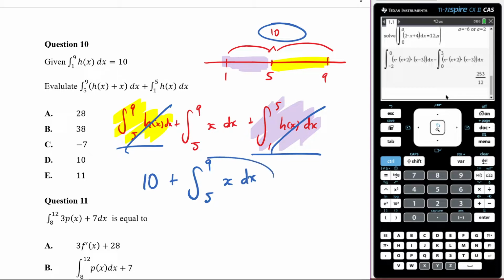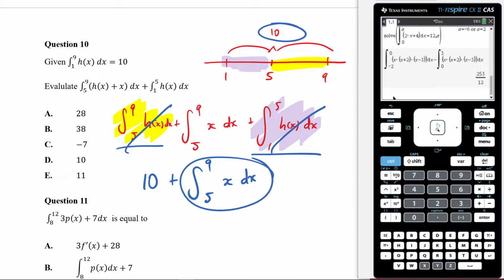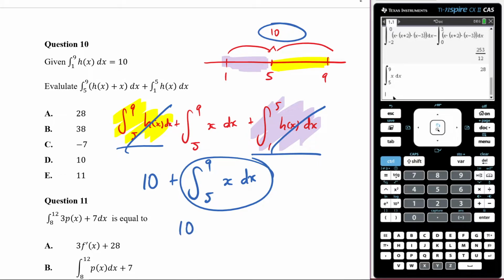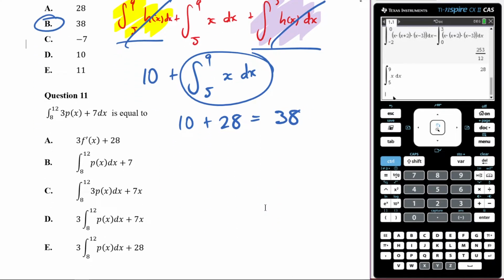So now I'm just going to type that into my CAS. So I'm going to come to my CAS, Shift plus. I'm going to go 5, 9, x, enter, 28. So this is going to be 10 plus 28, which is 38, which is B. We did it. Huzzah. All right, we keep on going.